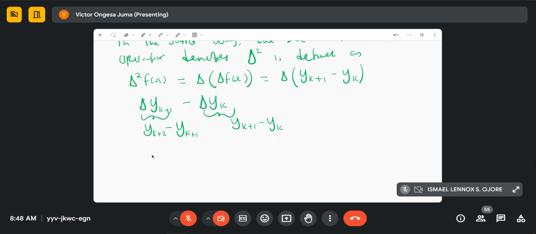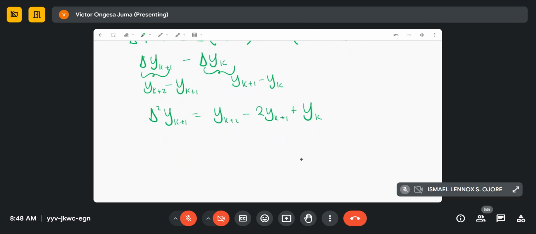So if you combine this, that means it is yk plus 2 minus 2yk plus 1 and then plus yk. So once you perform that difference operator, the other difference operator goes.